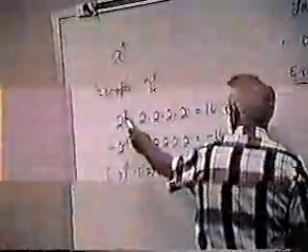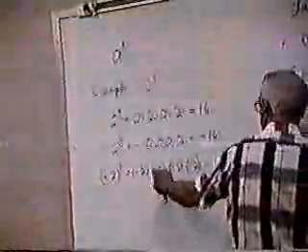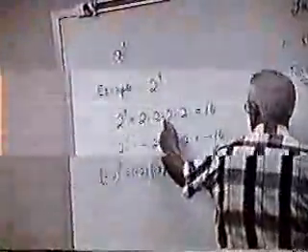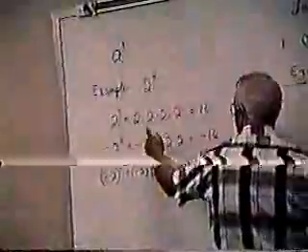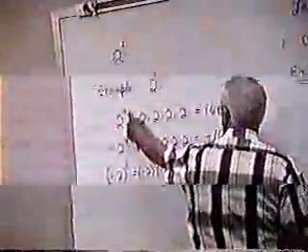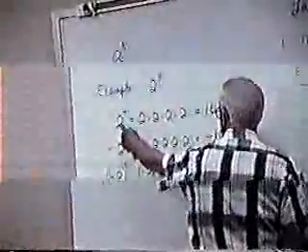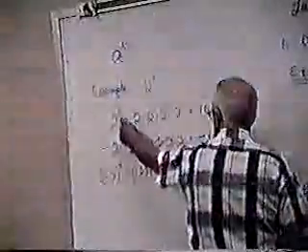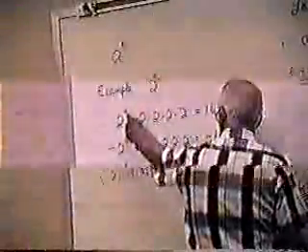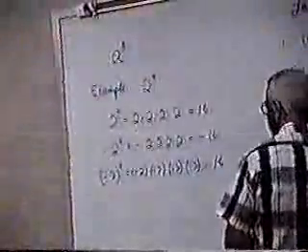So 2 raised to the 4th power, or 2 to the 4th power, is 2 times 2 times 2 times 2. Now when you multiply that out, it equals 16. So a base raised to a power means this base value times itself, times itself, times itself, so that you have that many factors of the value 2.